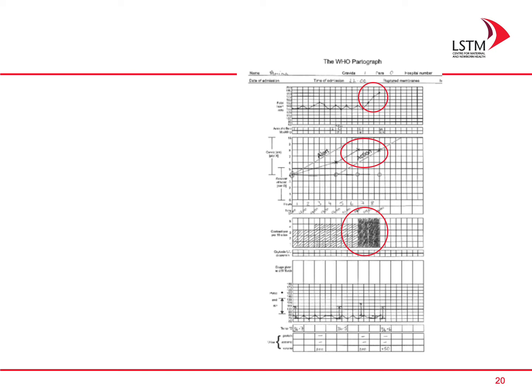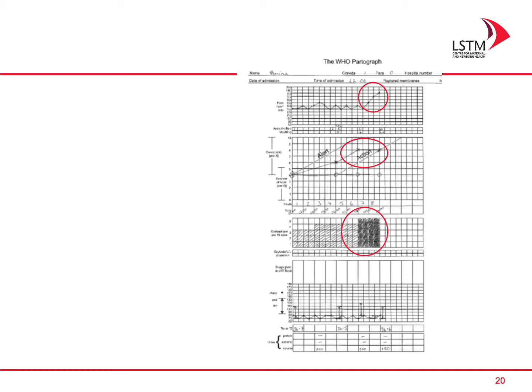2 hours later, a further vaginal examination was carried out, and the cervix was 8 centimetres, and the head remained 4/5 palpable. A further 2 hours later, a vaginal assessment found that the cervix was 8 centimetres with the head still 4/5 palpable.